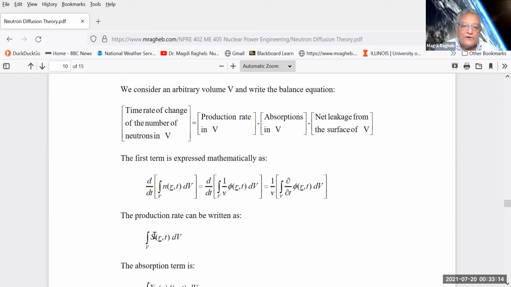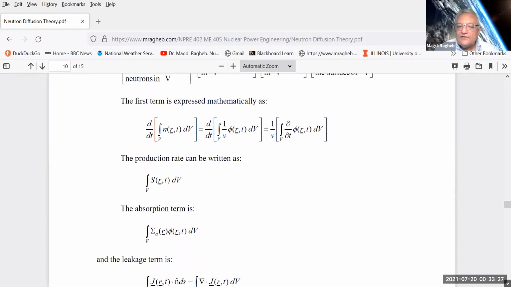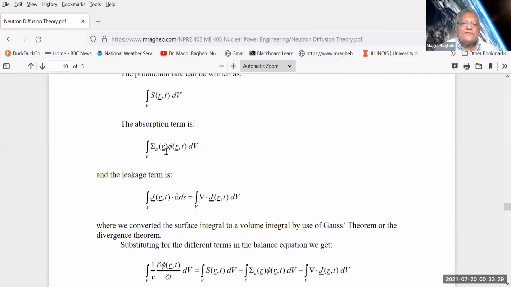So we write here for the first term an integral of the source of neutrons as a function of position and as a function of time. The absorption term is definitely the absorption rate. And we said that the absorption rate is going to be the flux phi as a function of space and time multiplied by the macroscopic absorption cross-section and integrated over the volume.